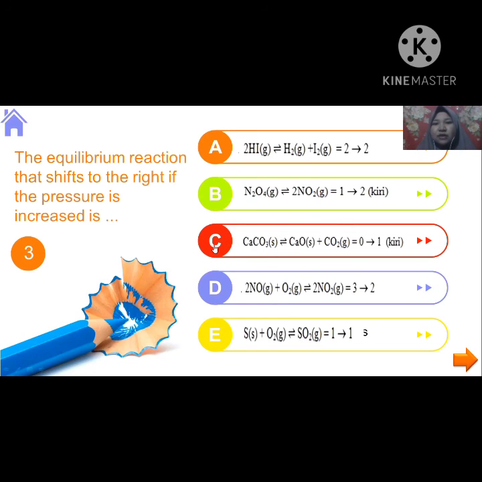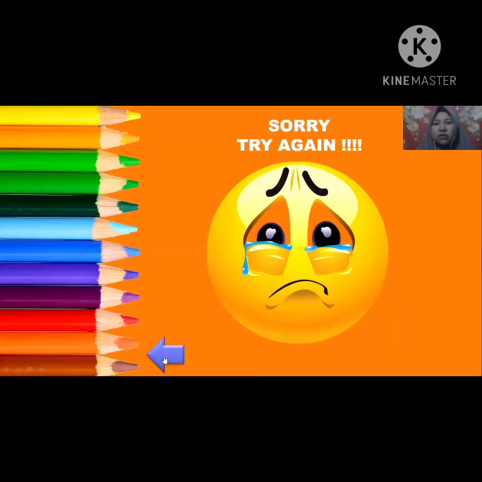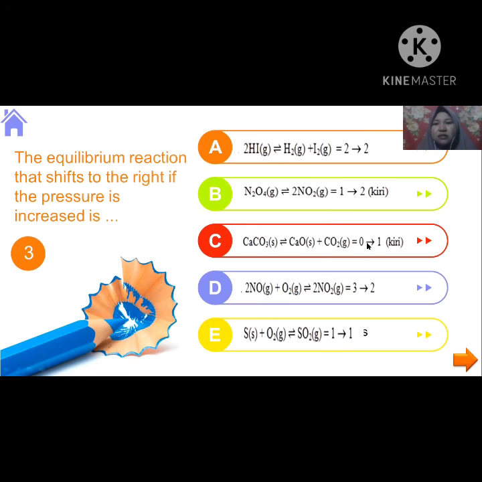If you say C, it is wrong, because the left side is 1 and the right side is 2. So the larger is the right side.